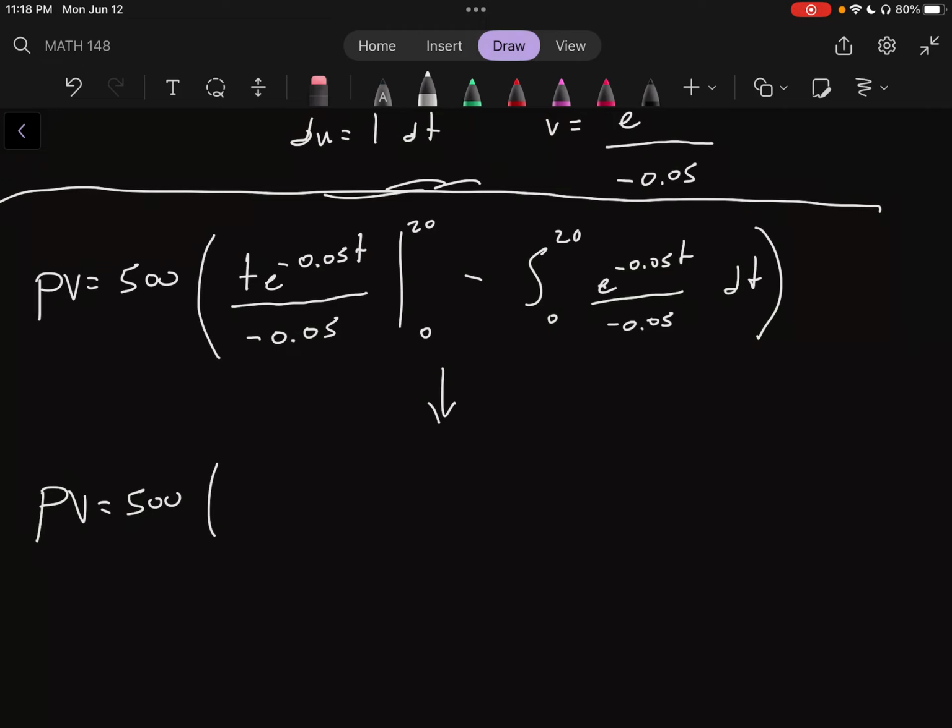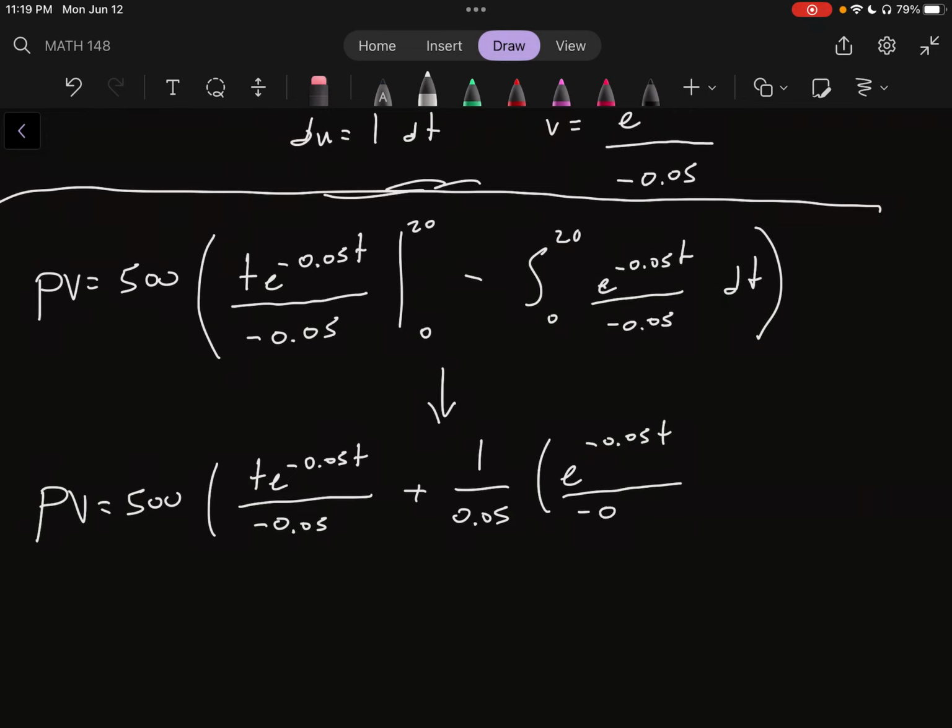Plus, from the integration of this, we get 1 over 0.05 multiplied by e to the negative 0.05t divided by negative 0.05, from 0 to 20.